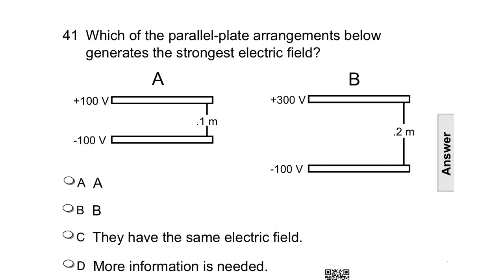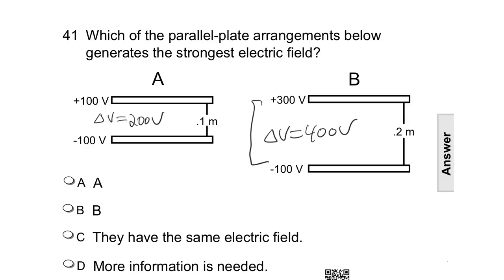Okay, so we're changing two things here. This delta V is 300 minus negative 100, which is 400 volts. This delta V is 200 volts.